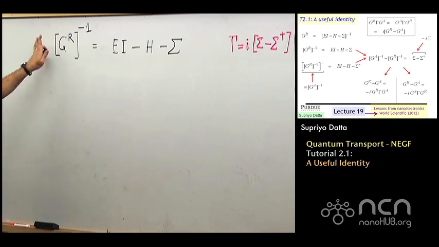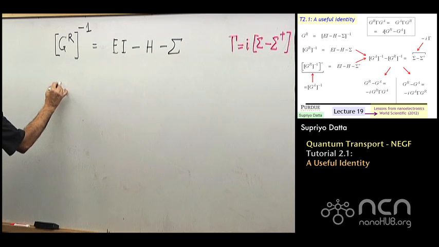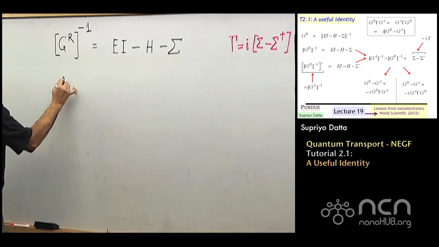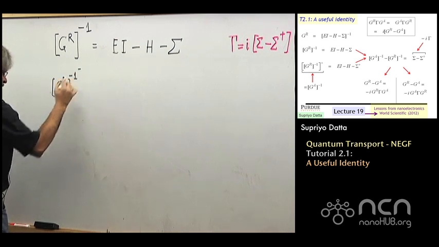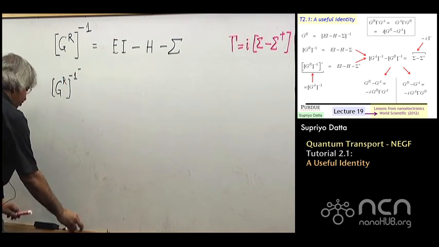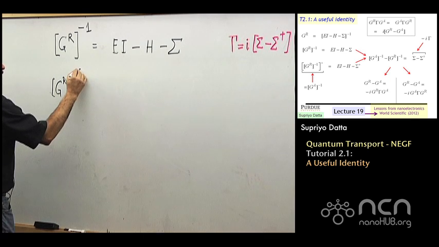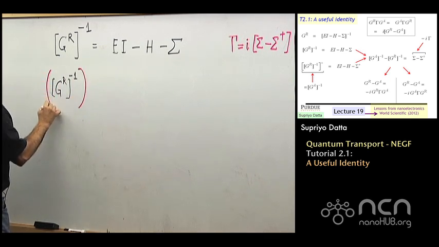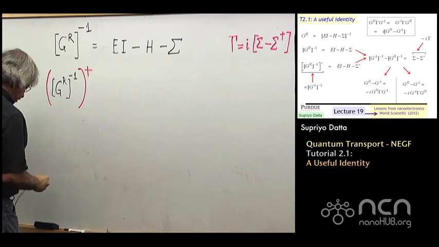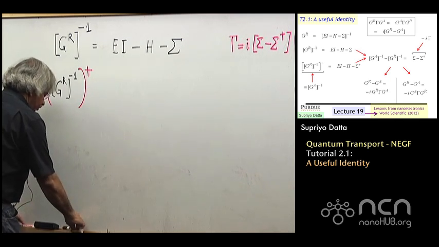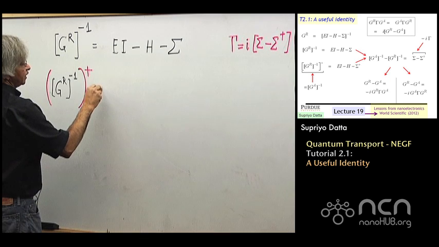Now what we do is we take the conjugate transpose of both sides. So GR inverse, and then we take conjugate transpose, which is what we write as dagger, and that's then equal to conjugate transpose of what's here.